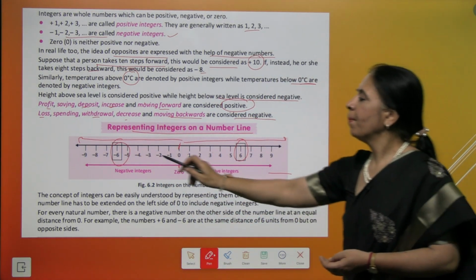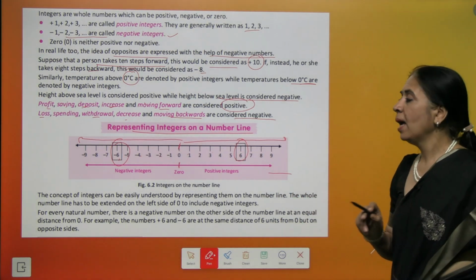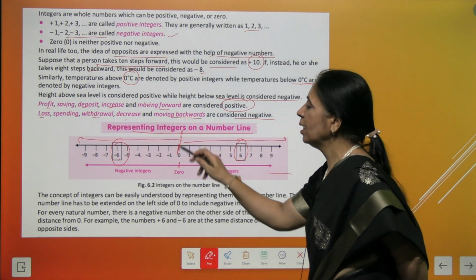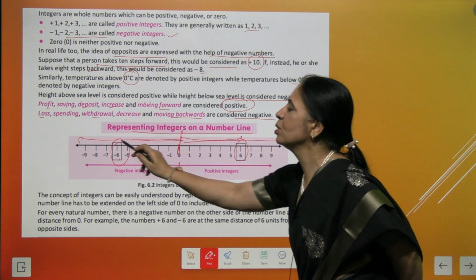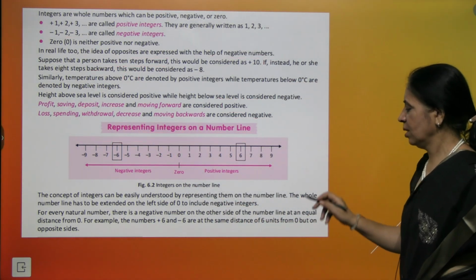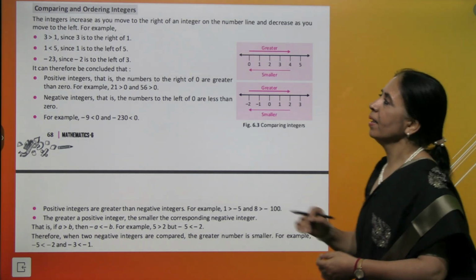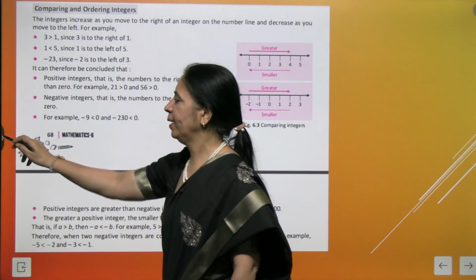We say -6 and +6 are opposite to each other and they are at equal distance from 0 but in opposite directions. Got it?